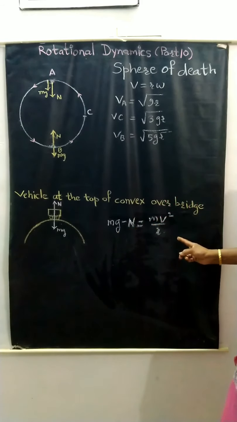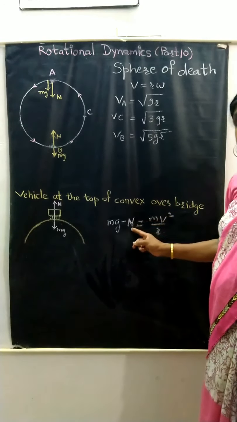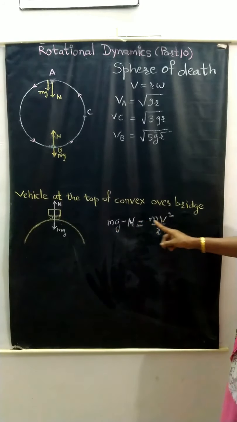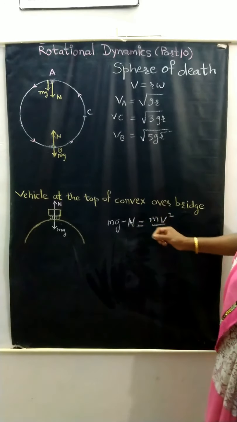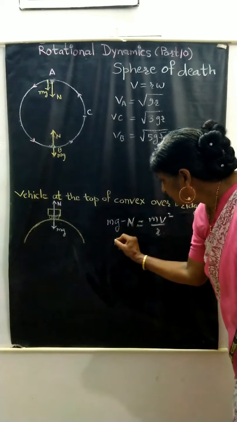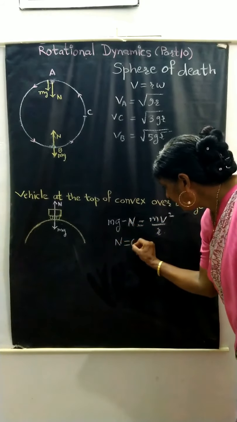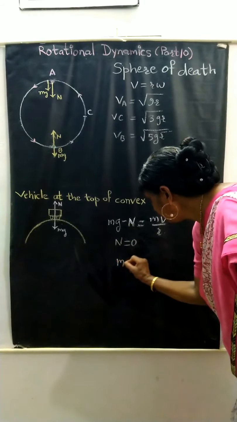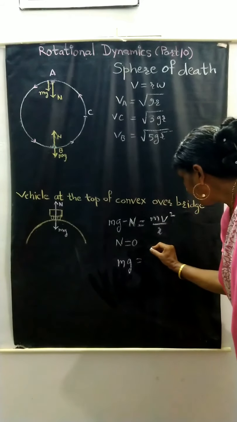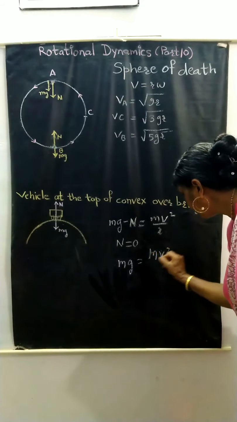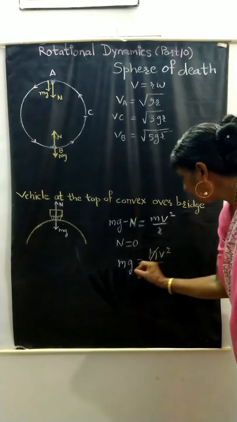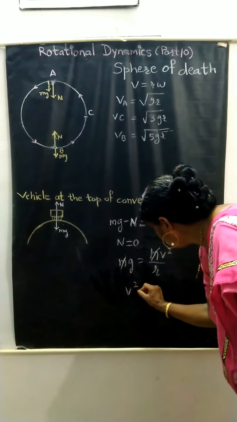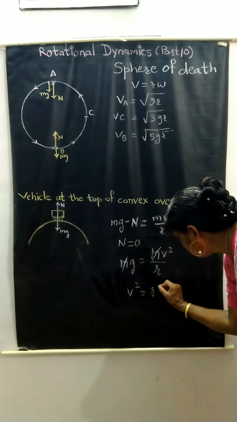From this equation, it is clear that if N is 0, then and only then the speed can be maximum. Just to maintain the contact with the bridge, we write N is equal to 0. The condition is that N is equal to 0. Then the equation becomes mg is equal to mv² by r. m cancels from both the sides and we get v² is equal to rg or gr.